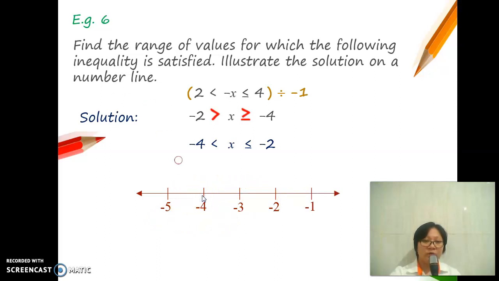Negative 4 on the left, use an open circle, and negative 2 on the right, use a closed circle, and then draw arrows, and then shade the region between negative 4 and negative 2. This is the solution. You can check whether your answer is right or wrong by picking a number between negative 4 and negative 2, whether it satisfies the inequality or not.